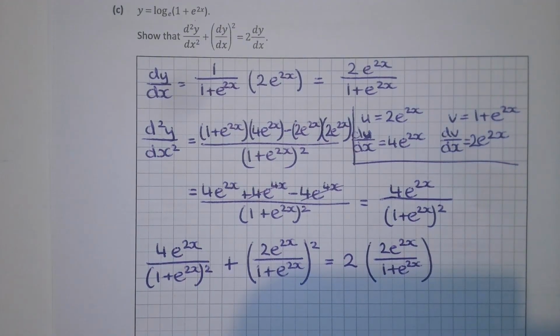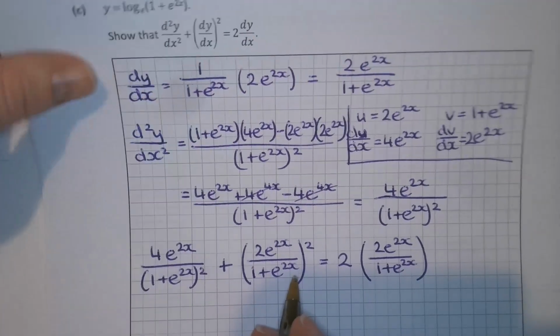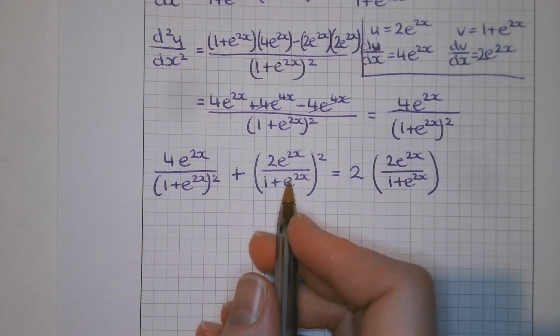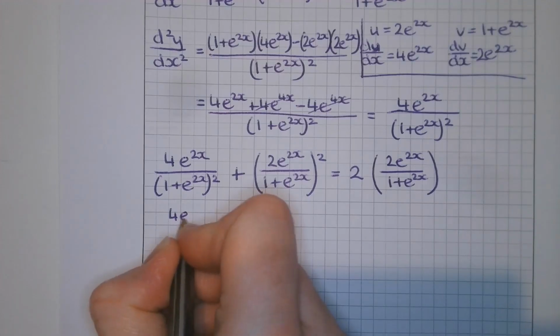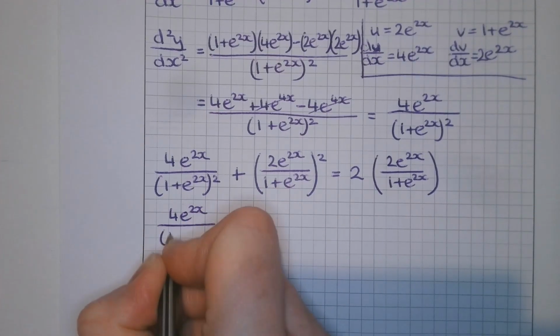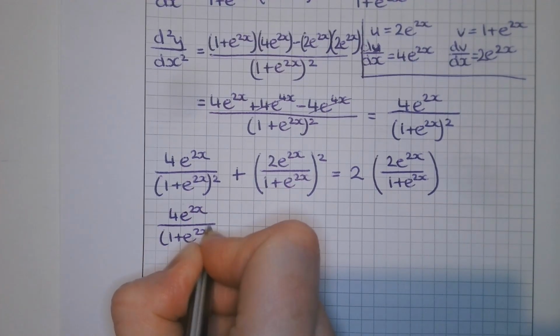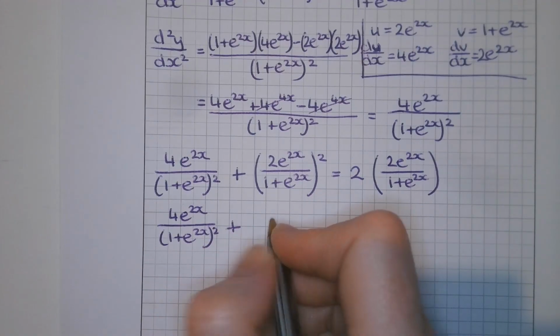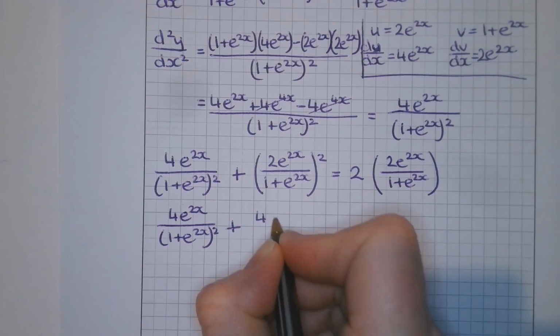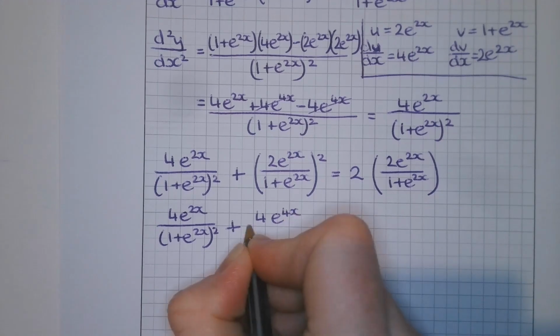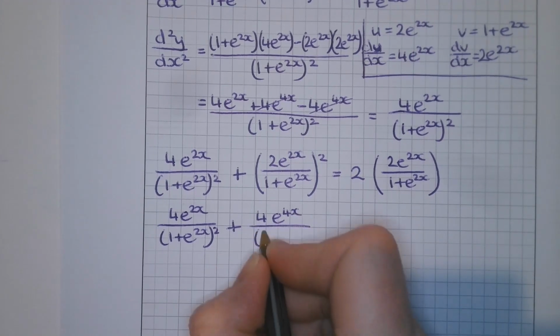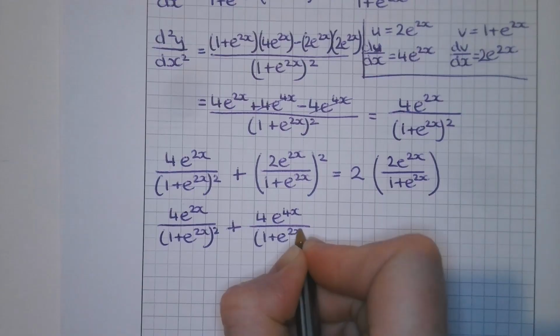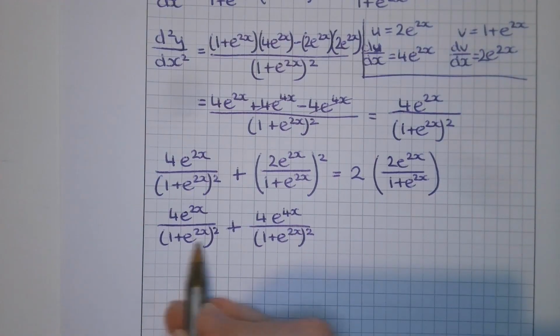Okay, so we work out what we can. So I'm going to square out this second fraction that we have here. So the first fraction for now is just going to stay the same. So here we're going to have 4e to the power 4x over 1 plus e to the power 2x to be squared, which we can see here will come together.